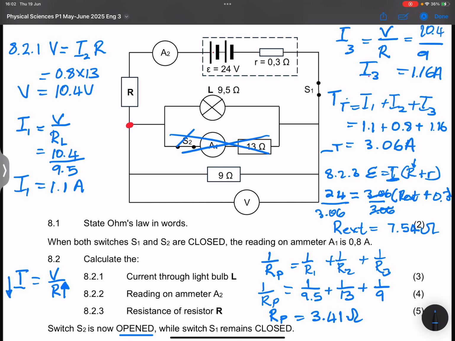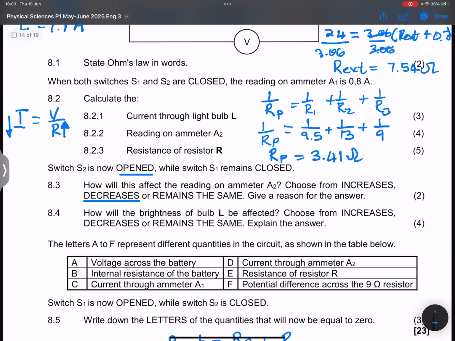But now the current will split only two ways. Firstly, it will go there, and the other current will go there. So the current that passes through light bulb L should be more in this case than what it was before, because the current divided in that case, right? So there should be more current passing through light bulb L, and so the brightness, in my opinion, should increase.